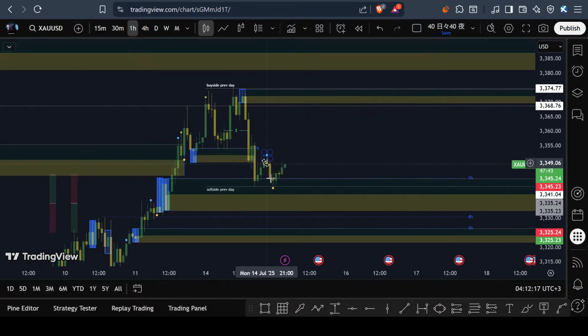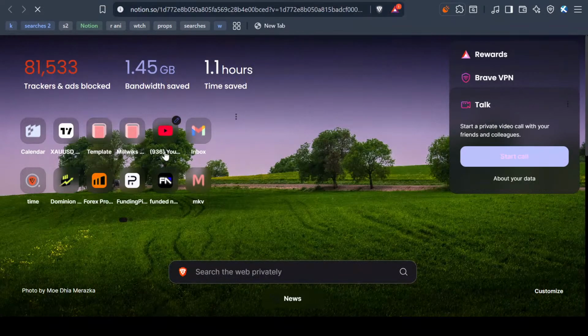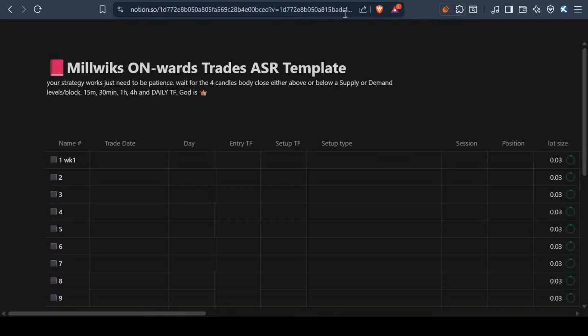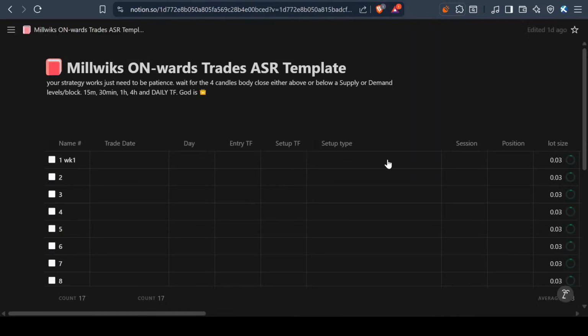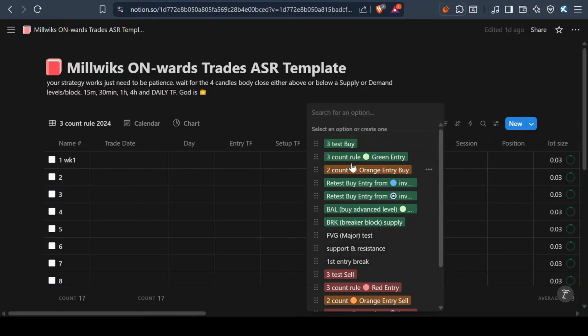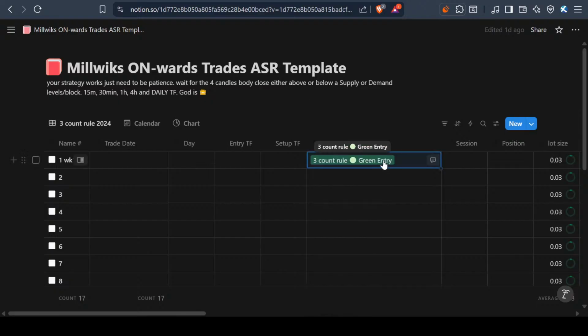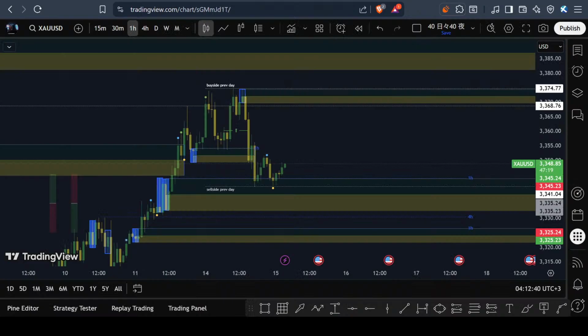I have a setup known as a 3 control, a buy setup. The setup goes as this. So setup type, I'm seeing a 3 control, green entry forming there, meaning what?